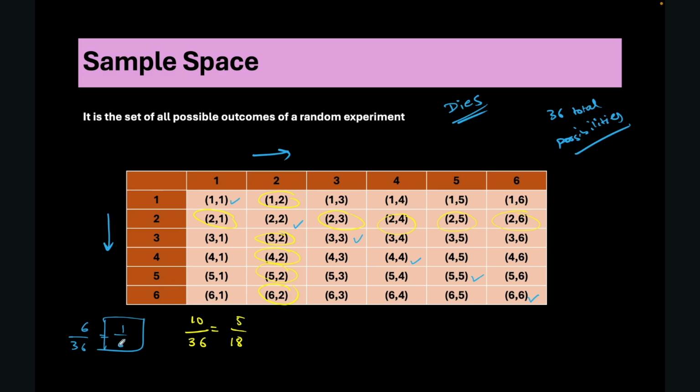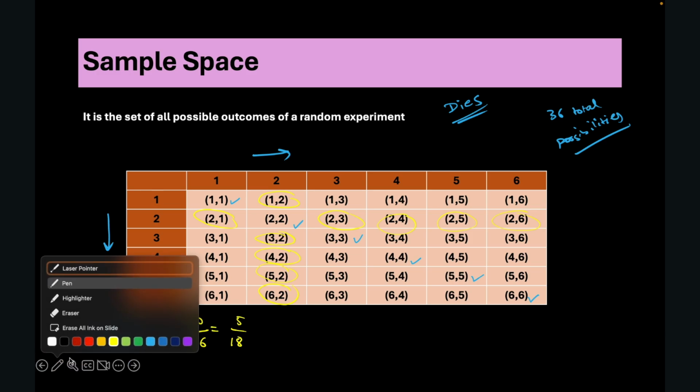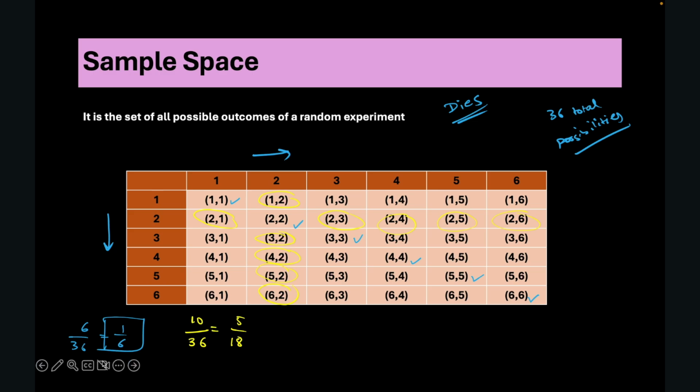Another situation, a different situation you want to take a look at can be, what is the probability that the sum on both dice will be, let's say, equal to 7, right?